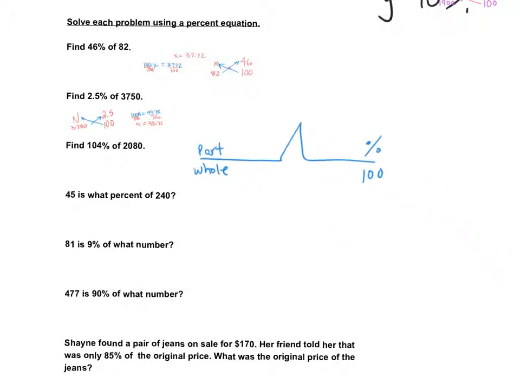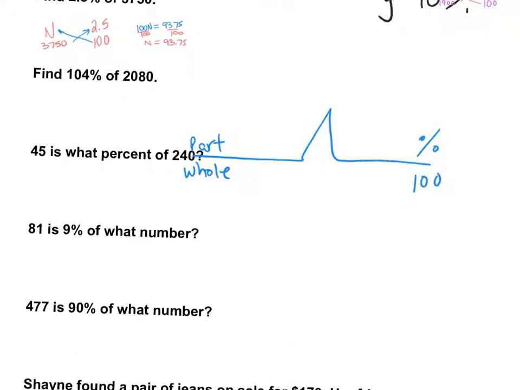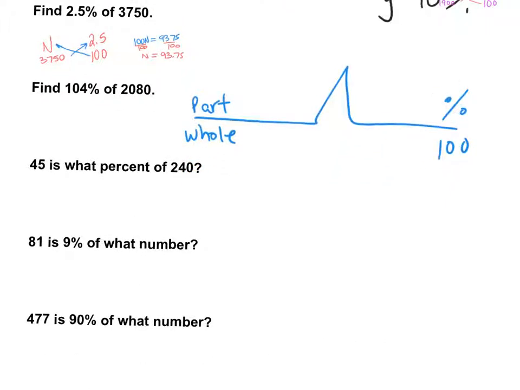When I set this up, the no-brainer, hopefully, is the part that says 104%. So that means it's 104 per 100. You're taking it of 2080. Of 2080 is the amount out of.